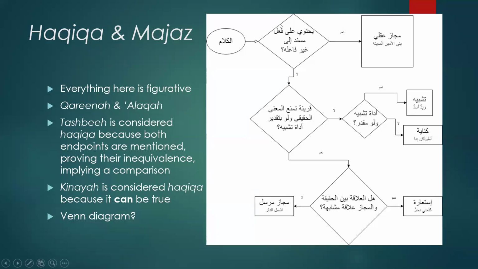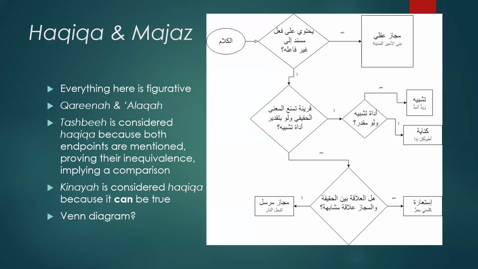So another way to represent that same thing that we did before was to have basically a flow chart here. So if the speech consists of a verb whose subject isn't its real subject, then that is called majaz aqli. Like bana al-amir al-madi. Otherwise, you ask yourself, does it have a qarina?